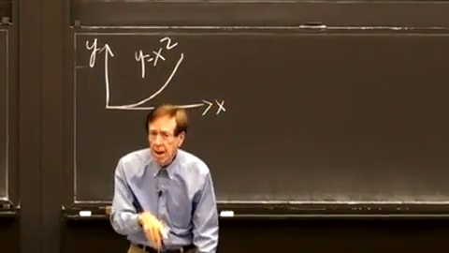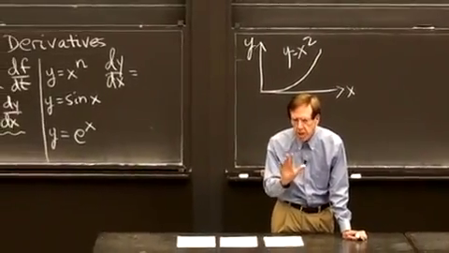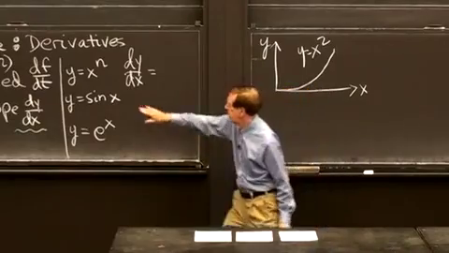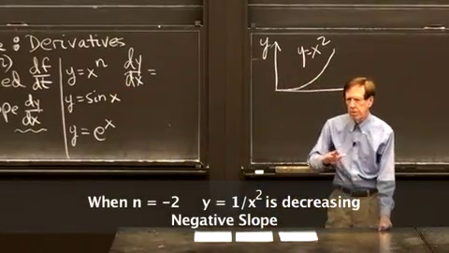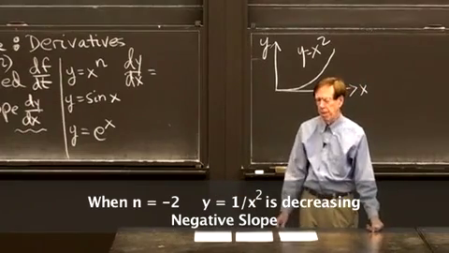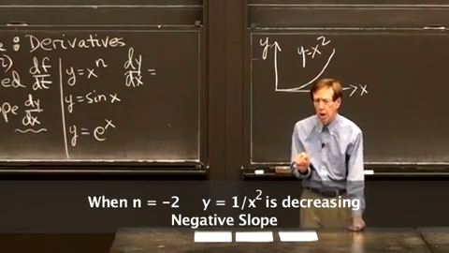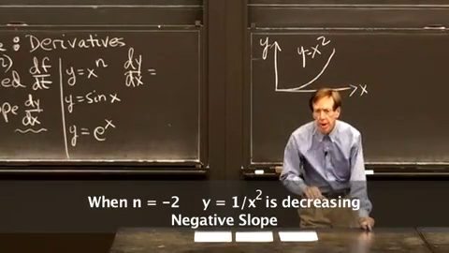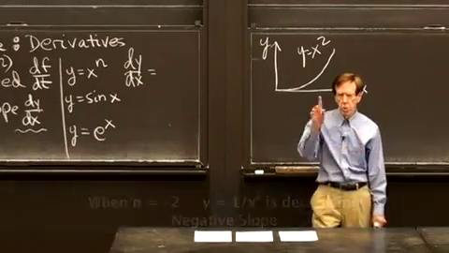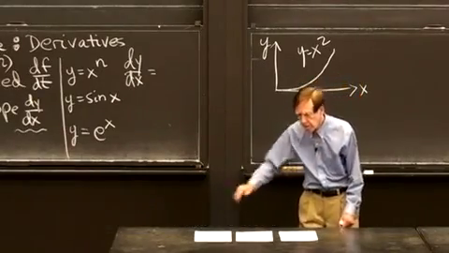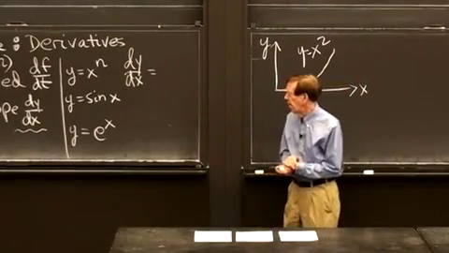If n was minus 2, just because that's also on our list, n could be negative, the function would be dropping. You remember x to the minus 2, that negative exponent means divide by x squared. X to the minus 2 is 1 divided by x squared, and it'll be dropping. So n could be positive or negative here.